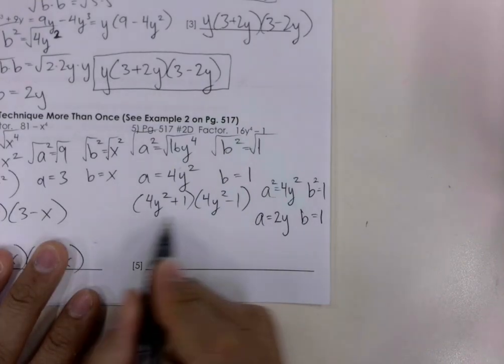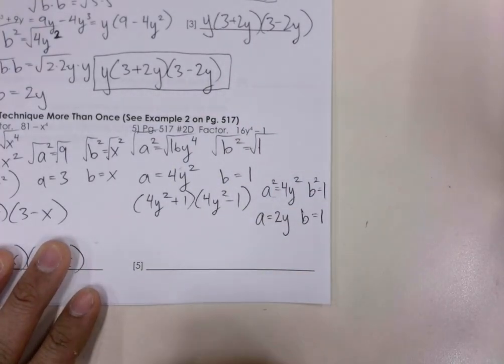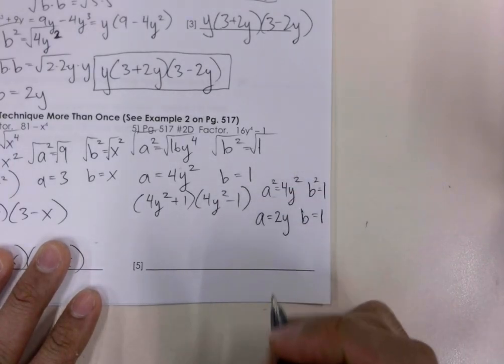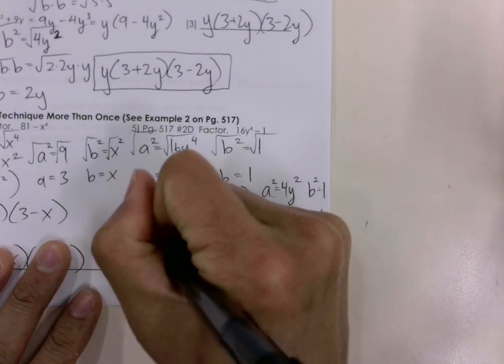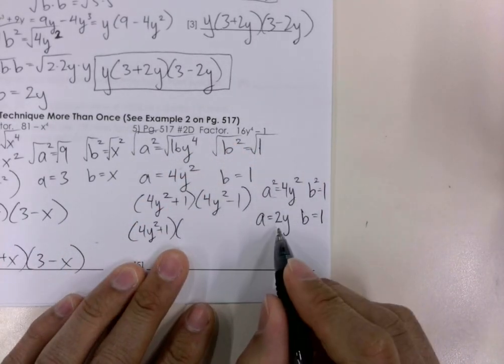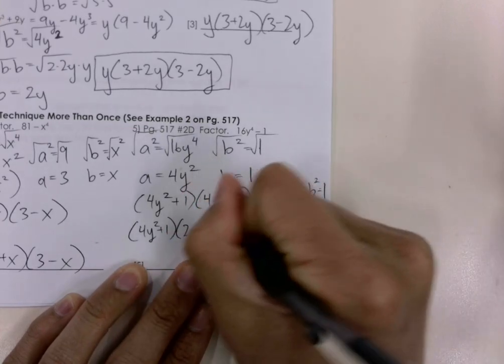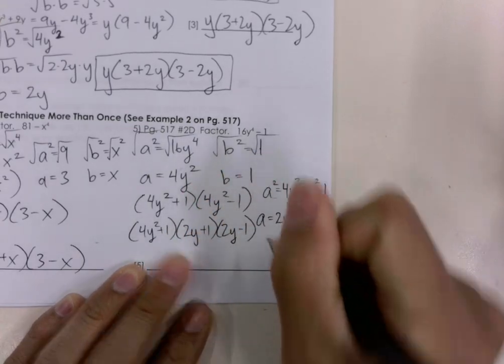So we can go ahead and rewrite this with the second polynomial factored again, right? So it's going to be 4y squared plus 1 times 2y plus 1 times 2y minus 1, like so.